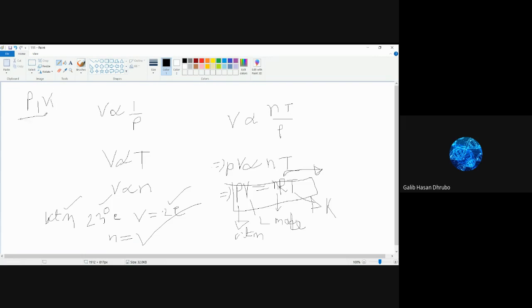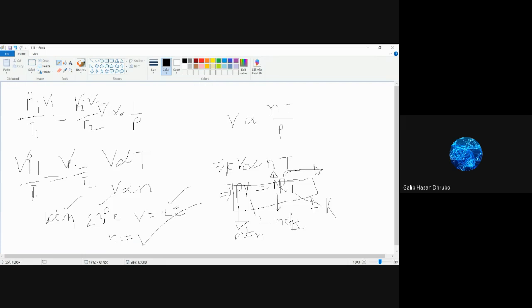Okay, so you have to use PV = nRT, or P1V1/T1 = P2V2/T2, because the number of atoms remains the same. In that case you have to use this formula, P1V1/T1 = P2V2/T2. Also P1/T1 = P2/T2, or V1/T1 = V2/T2. These depend on the given information.